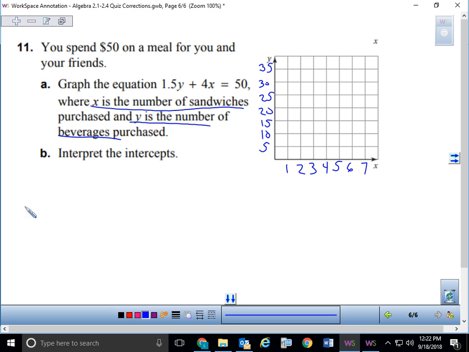That's going to be a lot of work, and I'm probably making some division mistakes. I don't want to do that. This is in standard form. So when I'm working on my standard form, I like to say the easiest thing is find your intercepts and just plot those 2 points. So that's what I'm going to do.